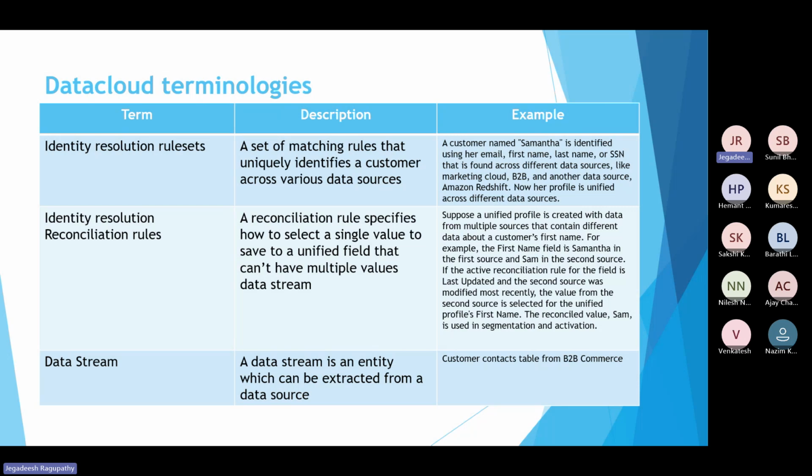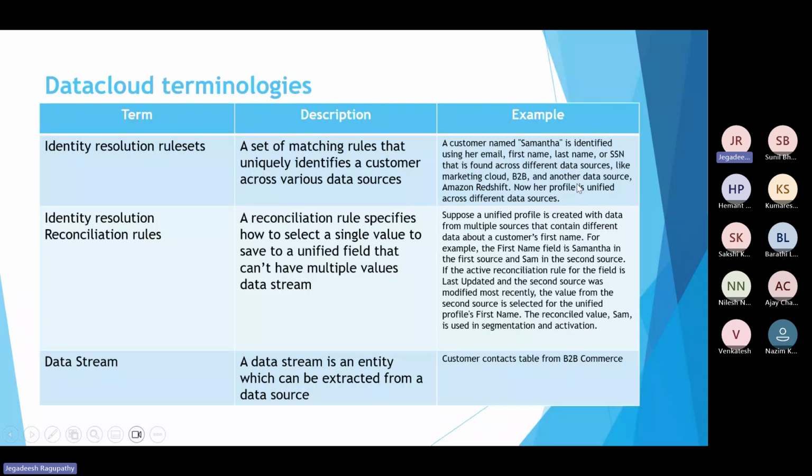There are several subtypes in the identity resolution matching rules, standard matching rules, everything is there. Some of them you need to create custom matching rules. For example, Salesforce will automatically group data from different sources for a particular user based on first name, last name, SSN, something like that.